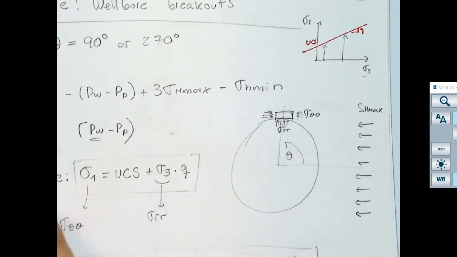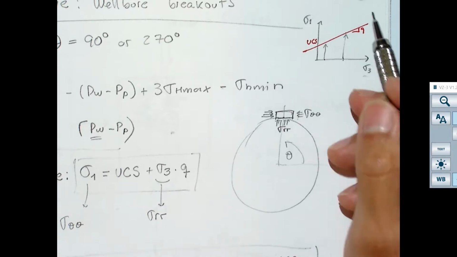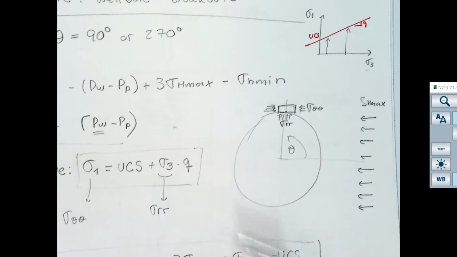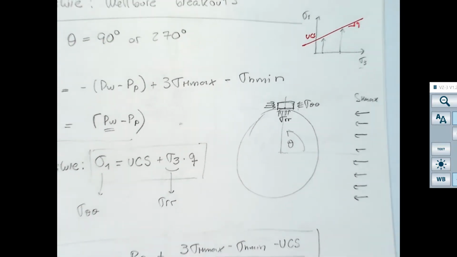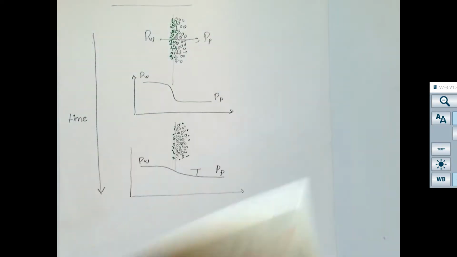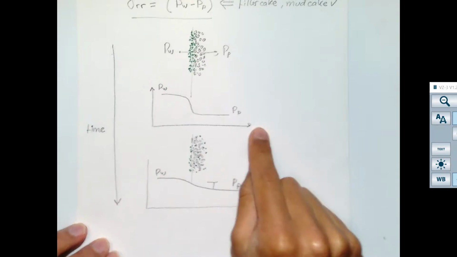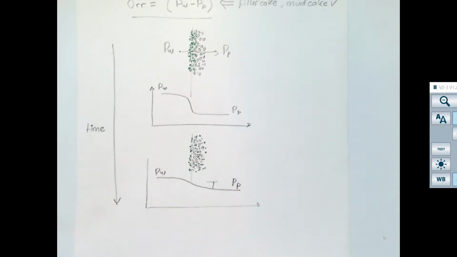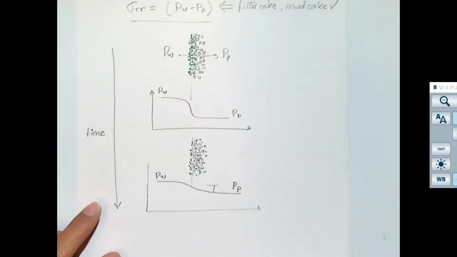So reducing the effective radial support is going to make that wellbore less stable for shear. In some examples, if you were drilling an unconsolidated sand and you lose that radial stress support, your wellbore may collapse, because you don't have any more radial stress to keep that wall stable.